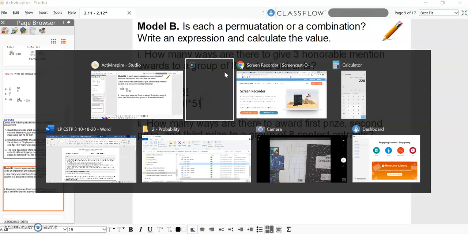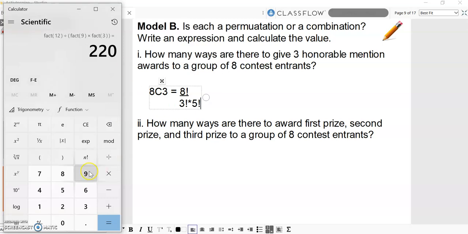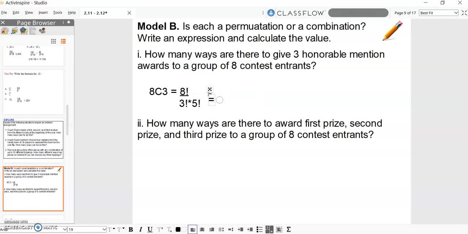So we'll go to our calculator. 8 factorial divided by parenthesis 3 factorial times 5 factorial parenthesis equals 56. So back out here equals 56 possible ways that 8 people might receive one of 3 honorable mentions.